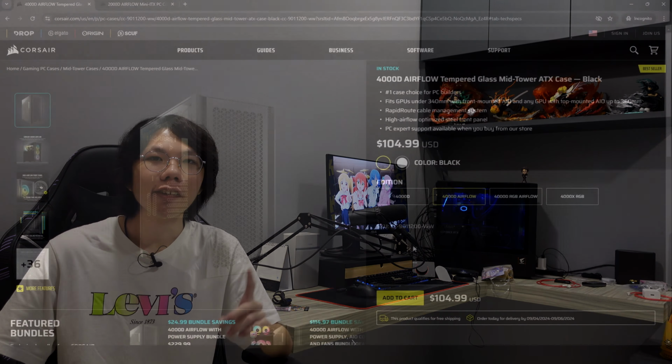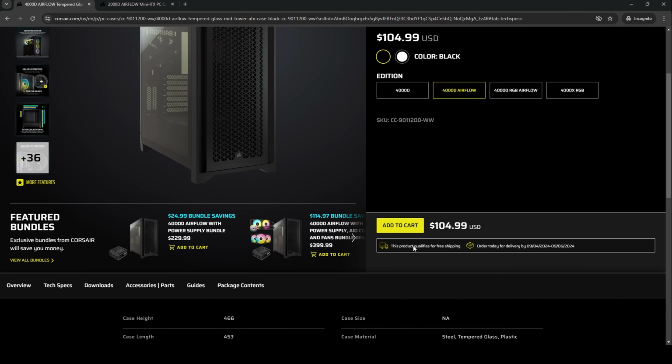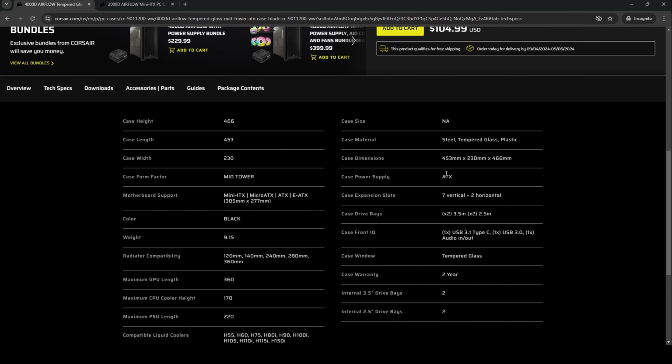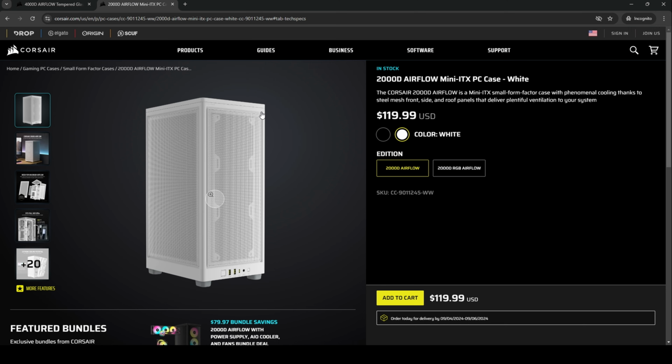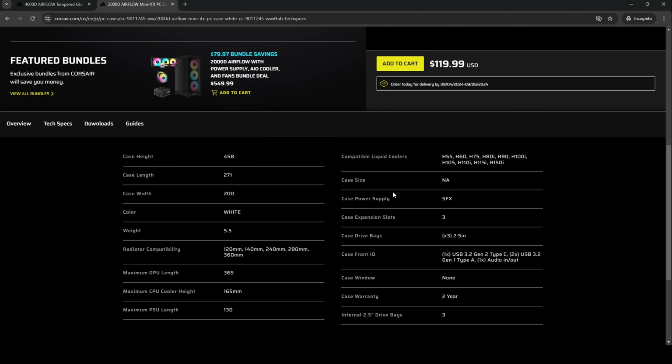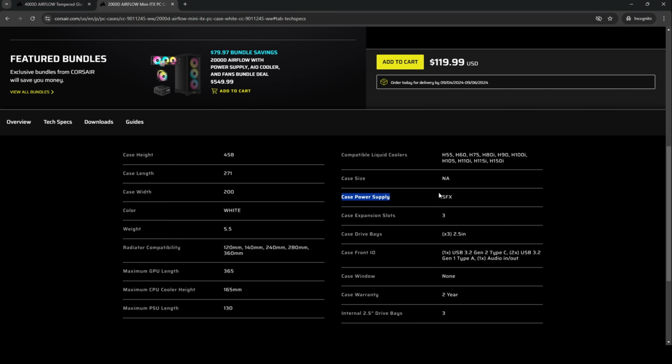To determine which form factor of power supply you should get, just look at the case. If you have decided on which case you're going to use for your PC, the case is pretty much the determining factor for the form factor of power supply that you should get.